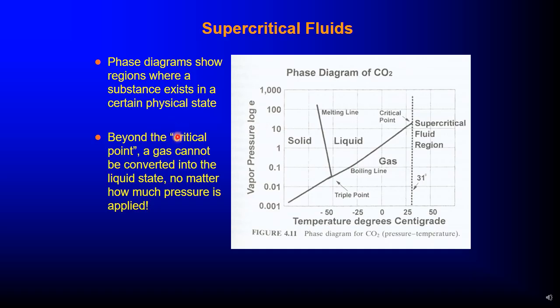Beyond the critical point, a gas cannot be converted into the liquid state no matter how much pressure is applied, and that is very important. So you can see the supercritical fluid. This is the region where it is a solid. This is the region where it is a liquid. This is the region where it is a gas.